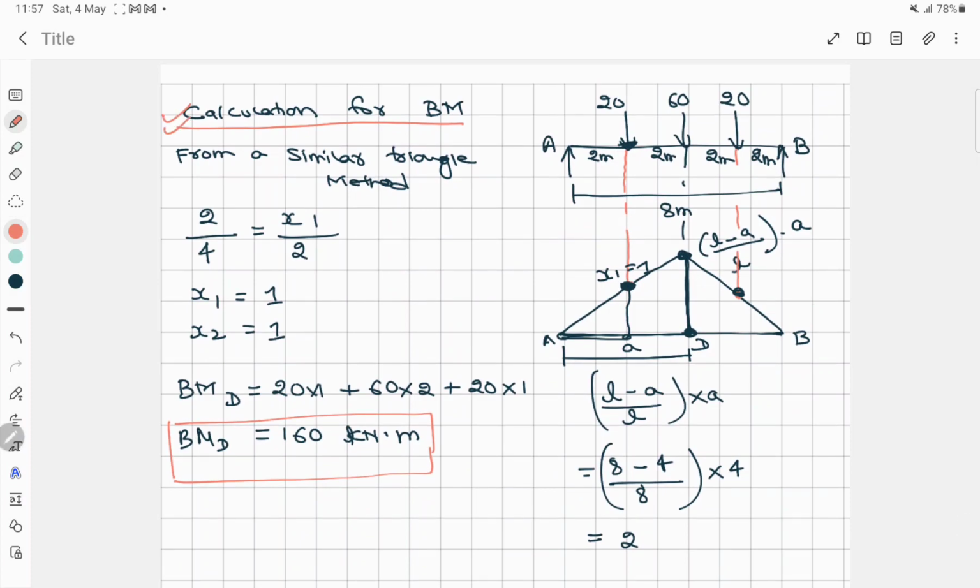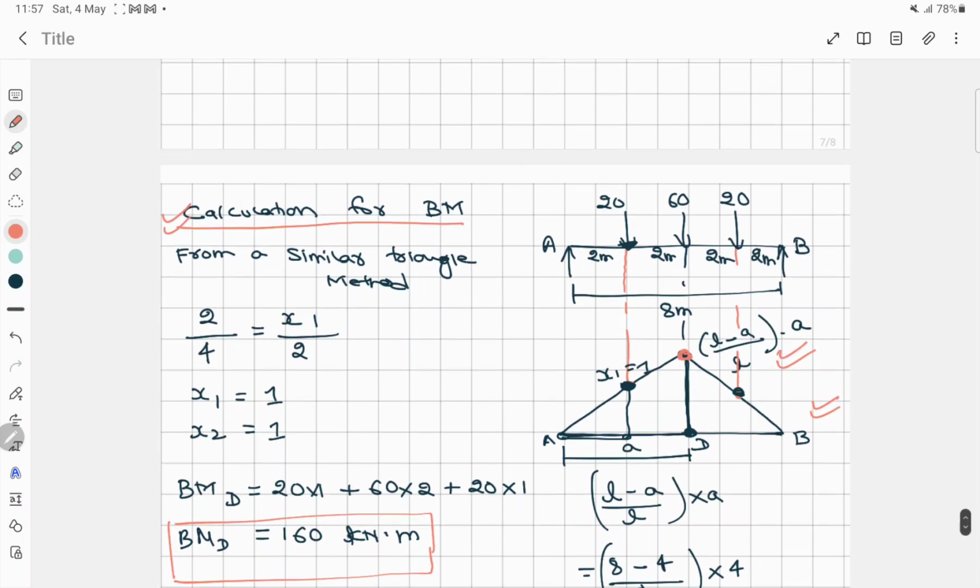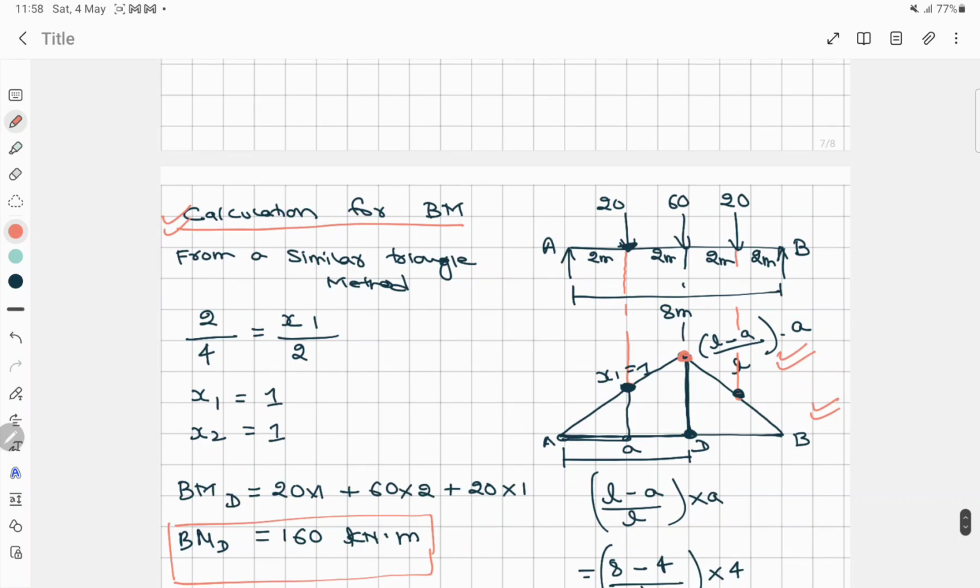Now the last step is to calculate the bending moment. This is the IL diagram for the bending moment, and for the maximum bending moment this is the formula, which applies in the case of a simply supported beam. That is L minus a divided by L into a, and this formula has also been solved in my previous video.